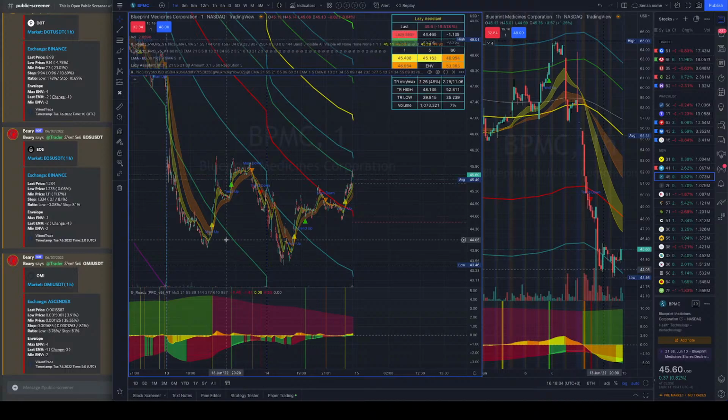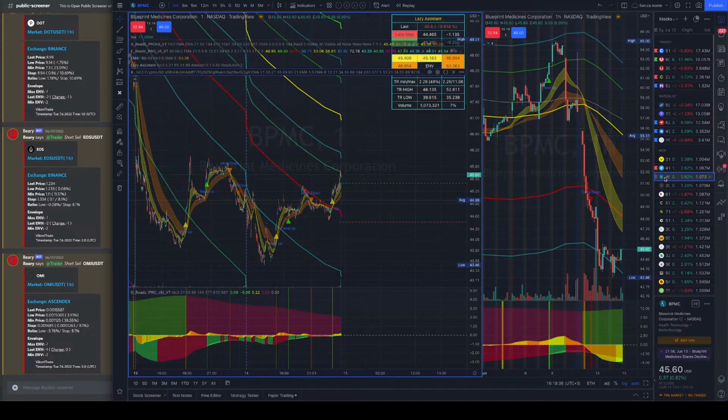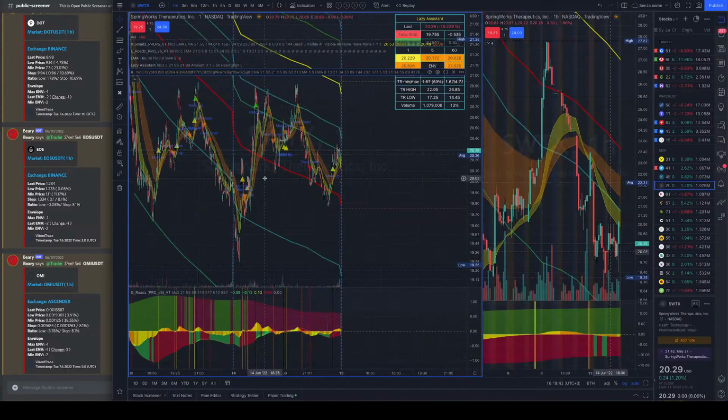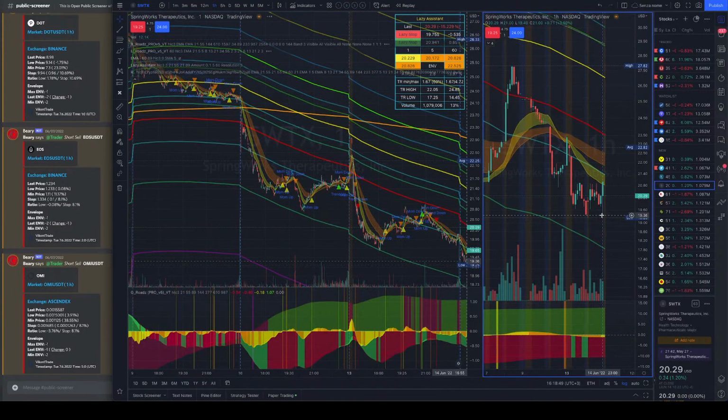Let's try to find out the liquid stocks. Yeah, you can see that liquidity is not so good here. That's already some retracement. The lows.